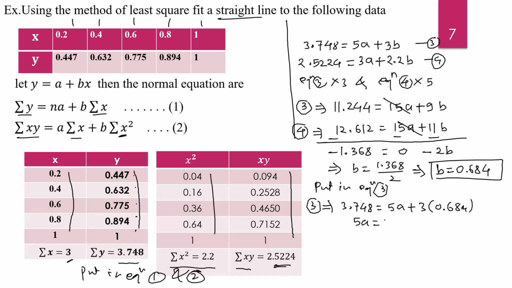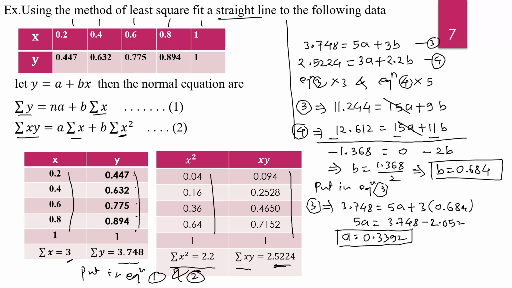That is 5a is equal to 3.748 minus 3 into 0.684, which is 2.05. After simplifying, we divide by 5. That is 3.748 minus 2.05, divide by 5. Using the calculator, we get 0.3392. We get the value of a.